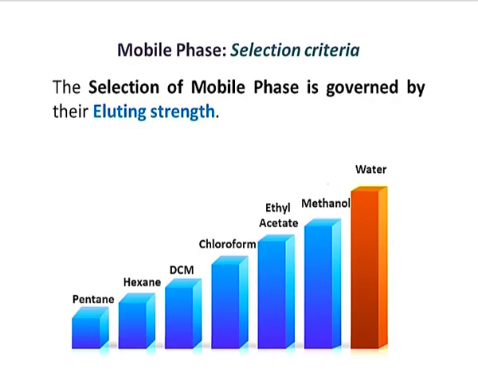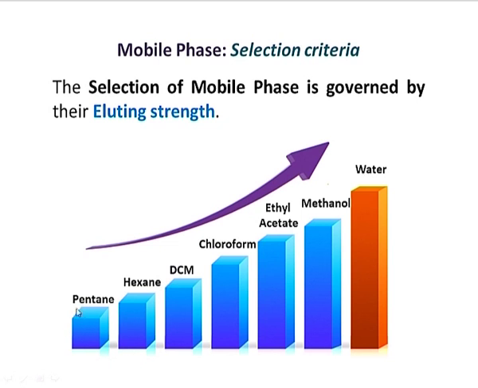Polarity of a mobile phase depends upon what is called their eluting strength, and there is a series of mobile phases or solvents available to us. This picture is again applicable to normal phase chromatography, which tells us which mobile phase has a capacity to strengthen the elution process.